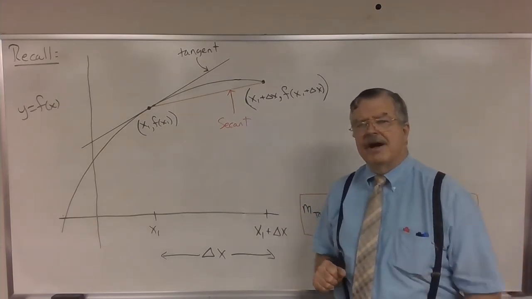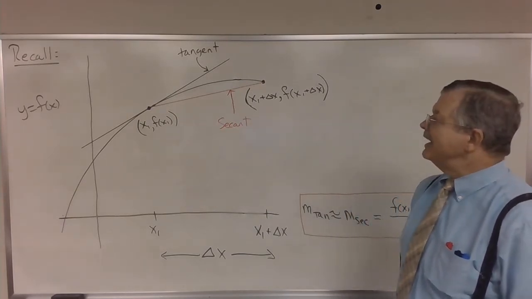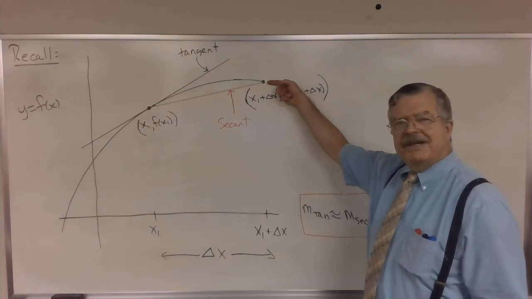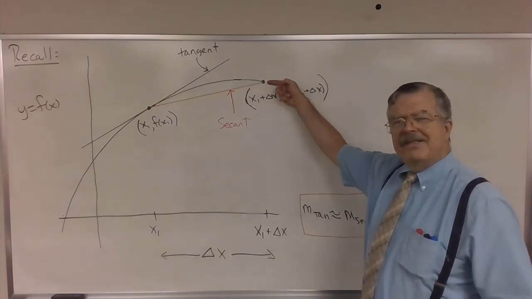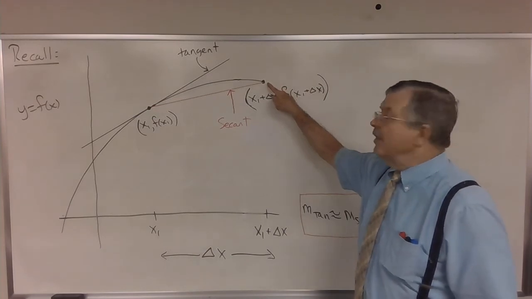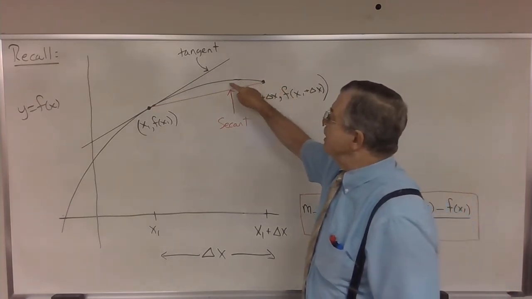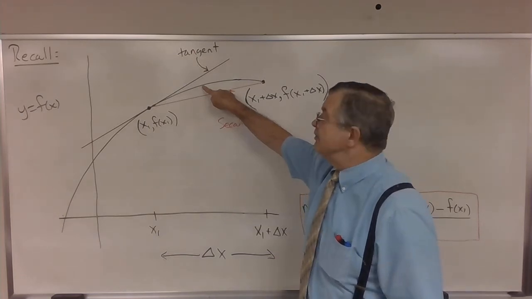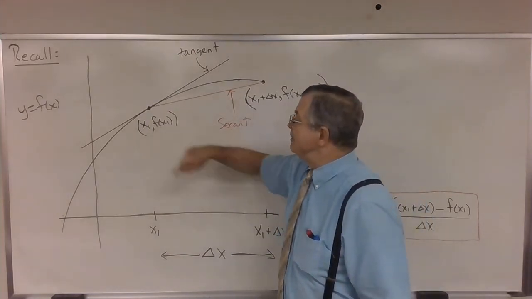Some of you are probably looking at this and saying, hey, here's the end point of the secant. Why the heck did you put it all the way out here? Why didn't you pick some point on the graph, like right here, that's a lot closer to the point of tangency?